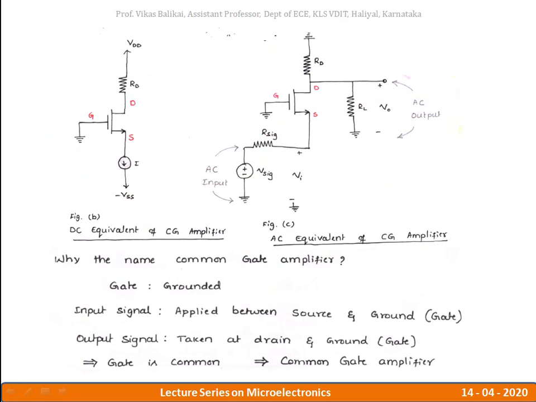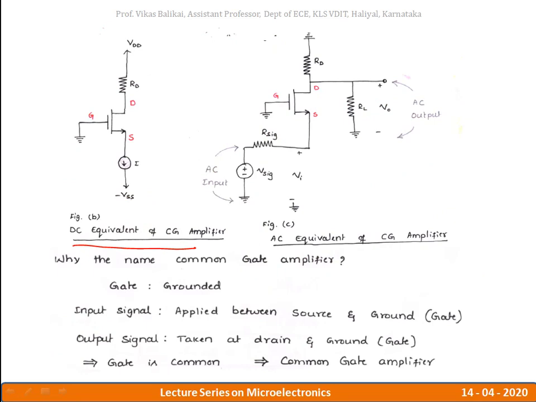Now these are small equivalent circuits that I have drawn when I talk about the analysis of any particular amplifier configuration. Here I have drawn the DC equivalent circuit of common gate amplifier, and here is the AC equivalent of common gate amplifier configuration. Remember, we discussed long back how to draw the equivalent circuits of different amplifier configurations.